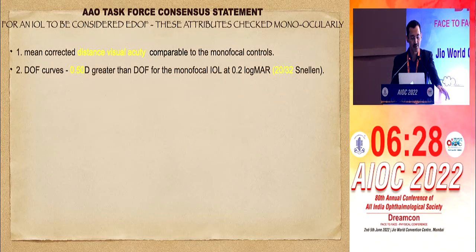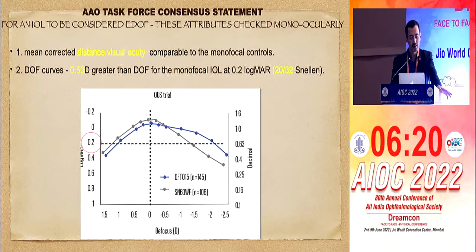The defocus curve should be at least 0.5 diopter greater than the defocus curve for a monofocal lens for 20/32 vision. The blue line shows the defocus curve at 20/32, with an additional depth of focus of 0.5 diopters.